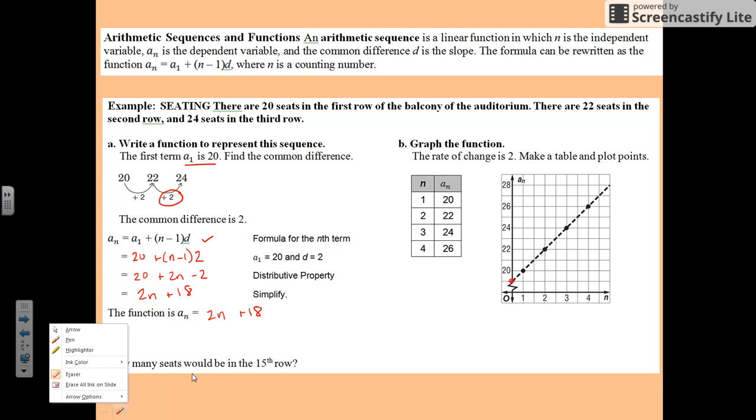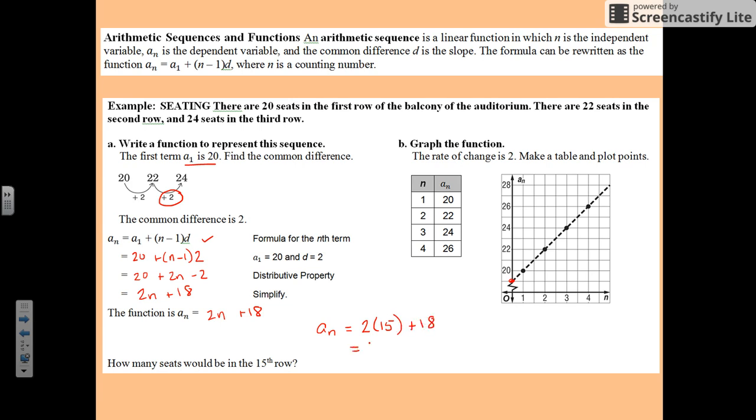Okay, so to find the 15th, a sub n is equal to 2 times the 15th row plus 18. That gives me 30 plus 18, which gives me 48. So a sub 15 is equal to 48. So the 15th row has 48 seats.